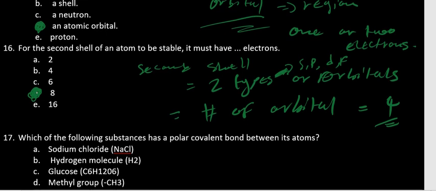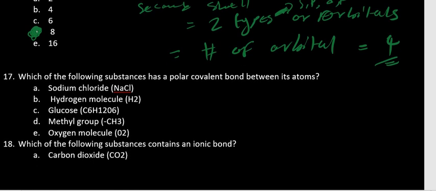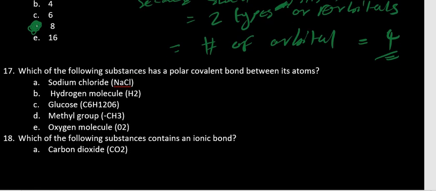Let me quickly go down again. Which of the following has a polar covalent bond between its atoms? What's funny here is that when you look at this one, majority of you will be a little bit confused, because you expect water somewhere and then you find that there is no water.